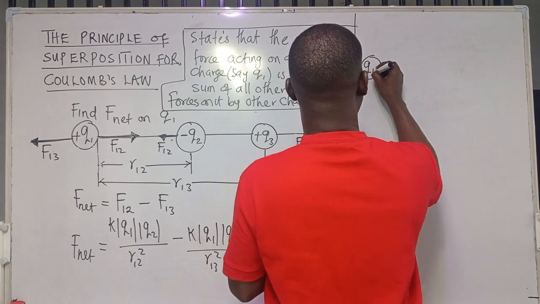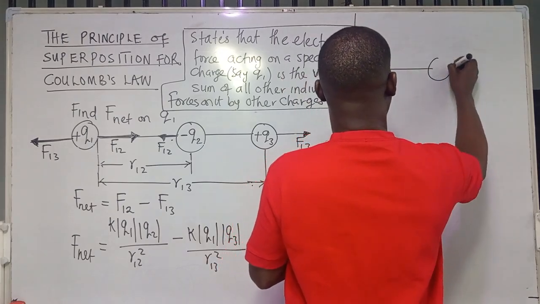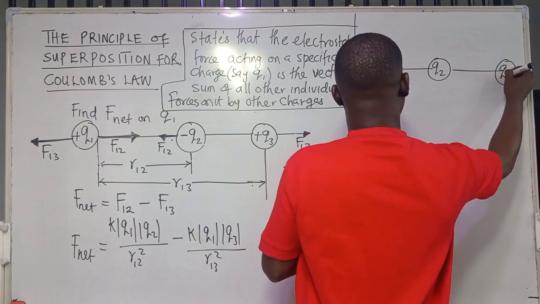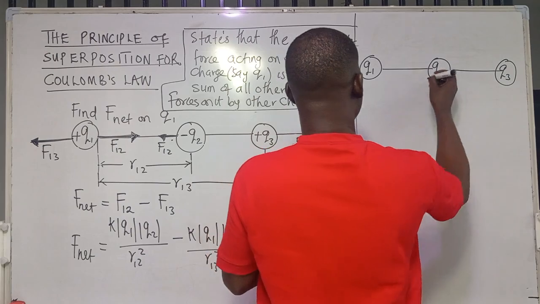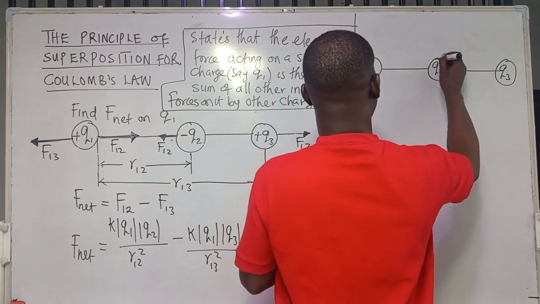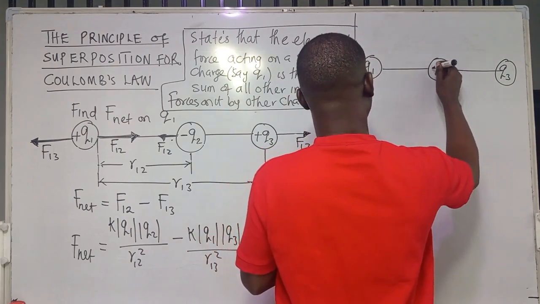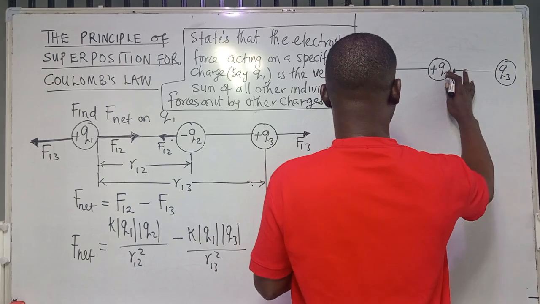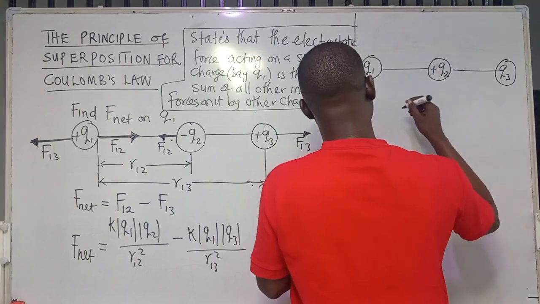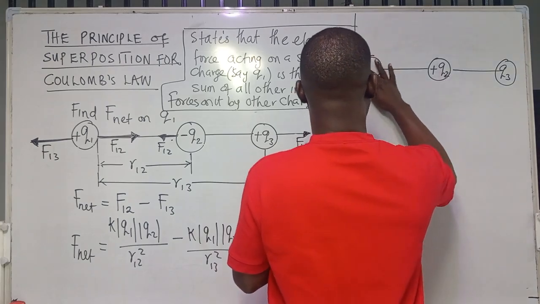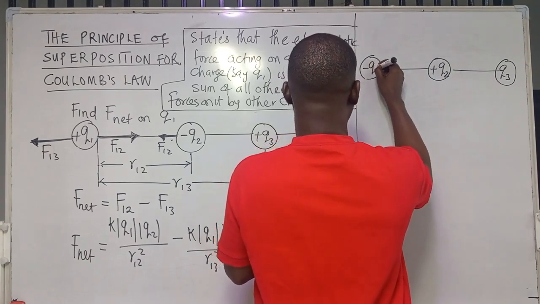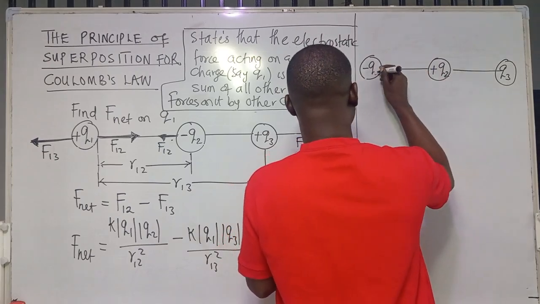Let's say Q1, Q2 and Q3. Let me make this one plus, this positive Q2. Let me make this one a negative Q1.